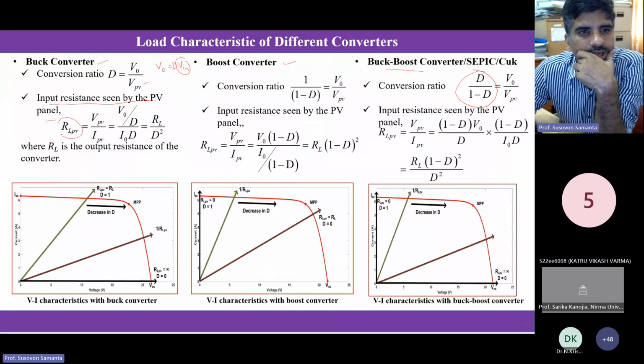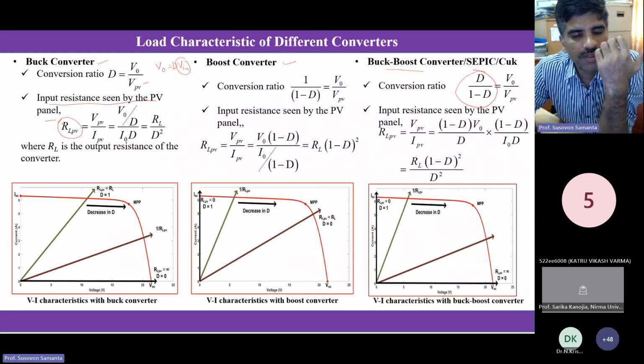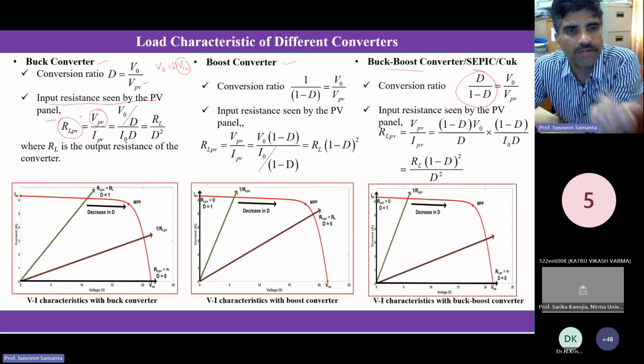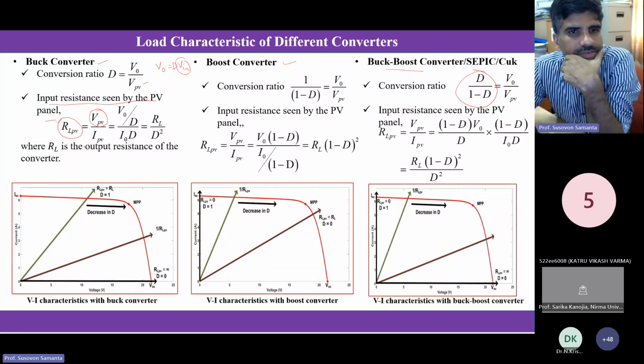The panel sees a resistance which is nothing but the panel voltage divided by the panel current.